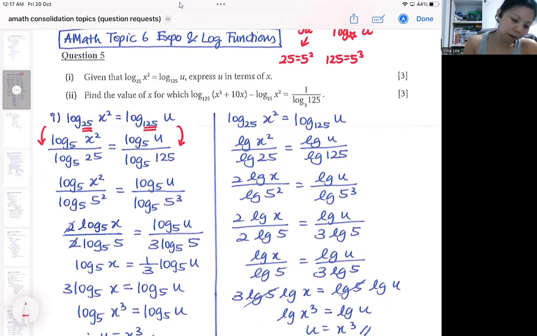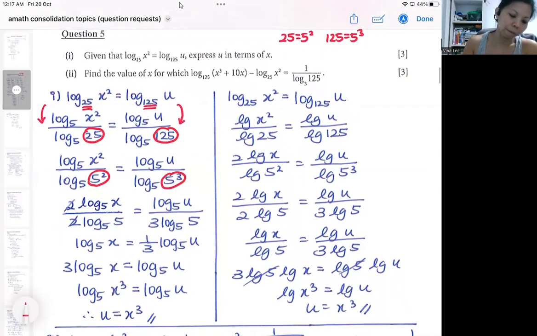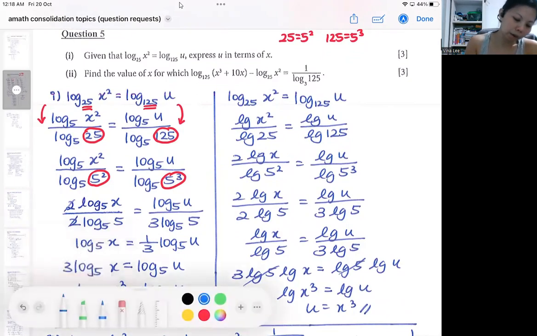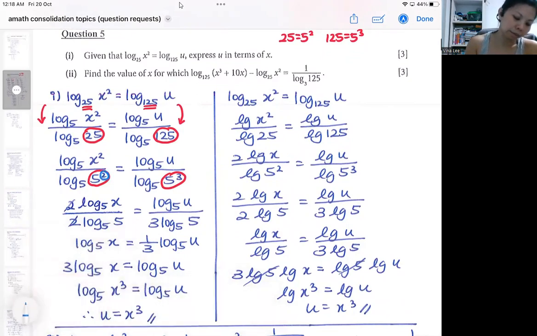So you should target the 25 to become 5 square, target the 125 to become 5 cube, so that you can bring down the power. I'm bringing down the power here. On top, I also have a power that I can bring down. So in fact, it helps me to cancel away after I bring down both powers. And don't forget, this is a value 1.